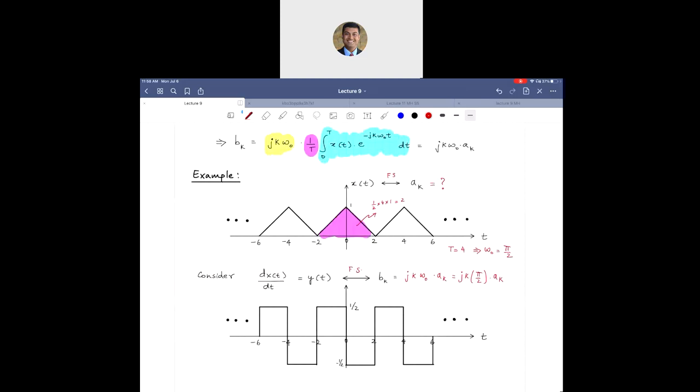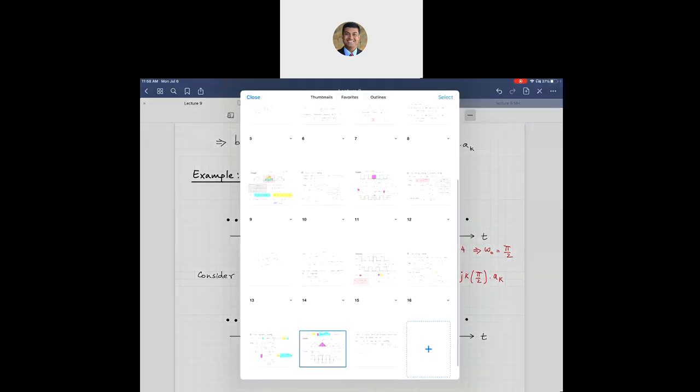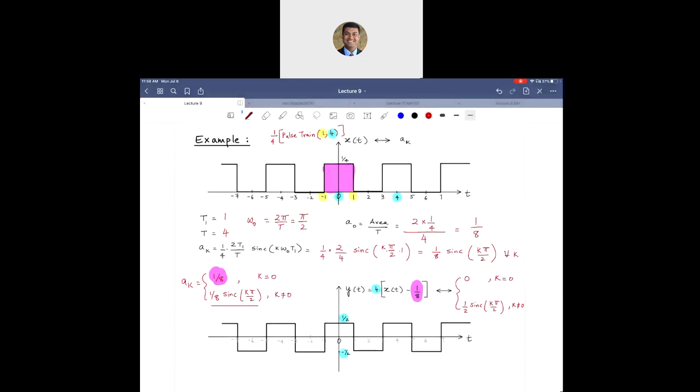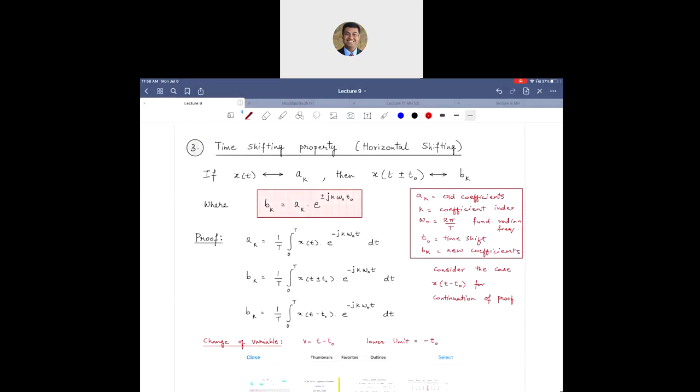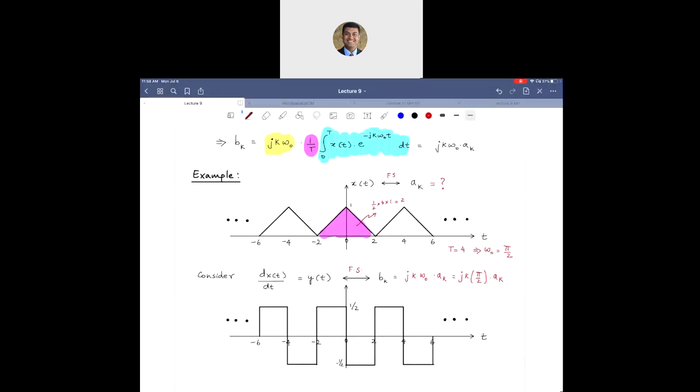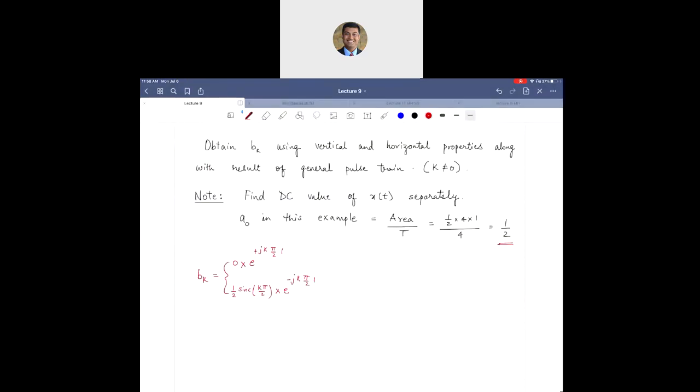And I hope you see that I need to multiply this by, so if I move it right, let's just see. I actually need to move this left by 1 time unit. If I move it right, then I start off positive, which I don't have here. Right, I have negative. So this needs to be plus and plus. So I'm advancing the signal by 1 time unit. That's going to be my bk.